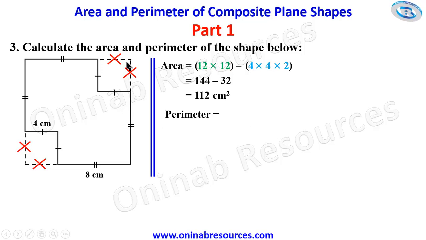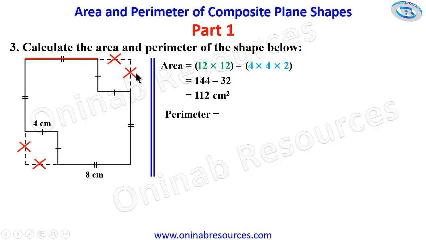They are just kept there for you to see that it was a square and two smaller squares are cut away from the original square. So it is not going to form part of the sides of the composite shape. So we now start with the first side here.